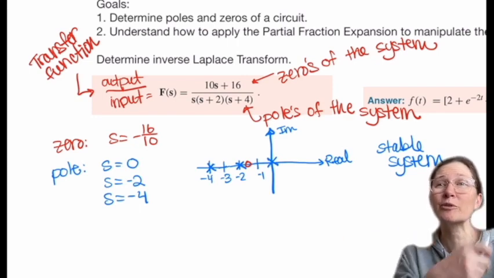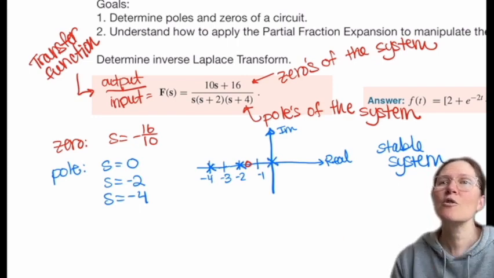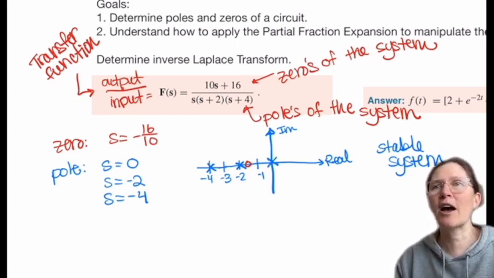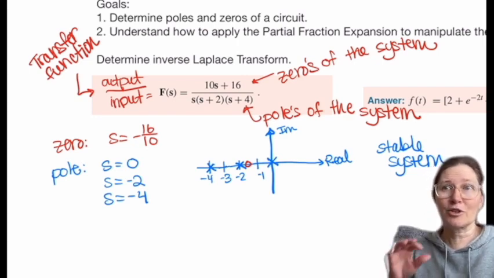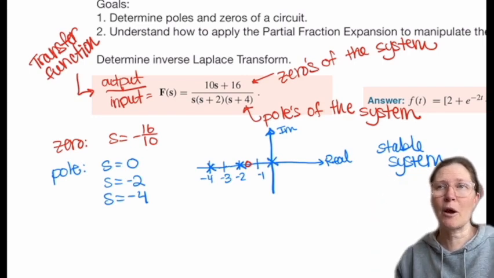So our poles and zeros, we want to be either at the origin or on the negative side of this imaginary and real plane. When you're on the right side, you usually have a non-stable system, and it usually doesn't converge to 0.